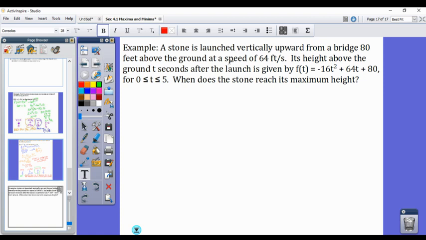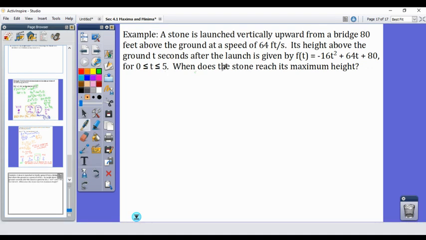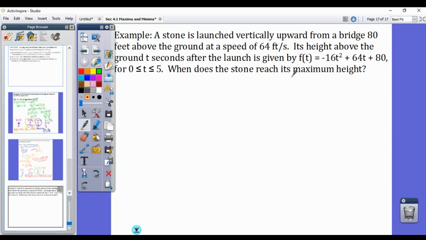Okay, so what this is telling us is we care about the absolute max since we're doing maximum height.